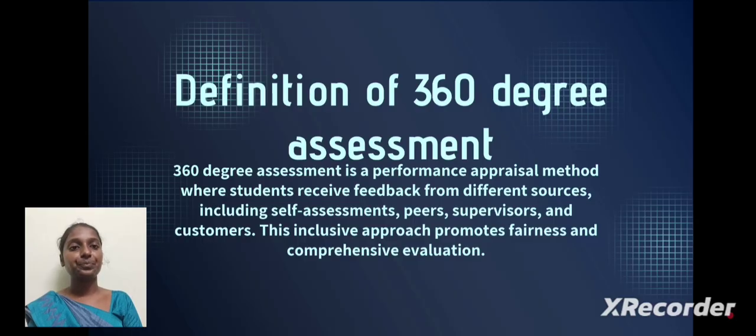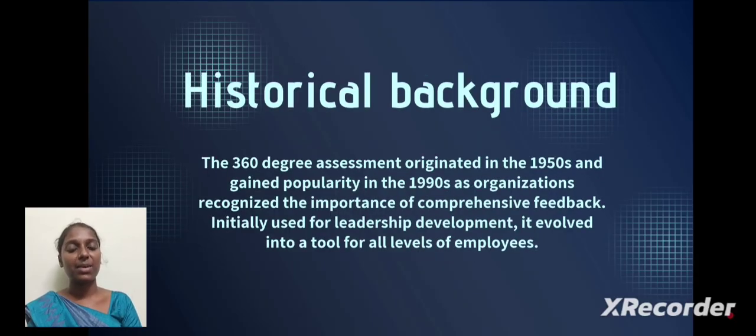So this is not only used in academics or in education, but it is also helpful in companies to evaluate the performance of their laborers. So this is a 360-degree assessment which helps to evaluate not only students, it also helps to evaluate the performance of the laborers.